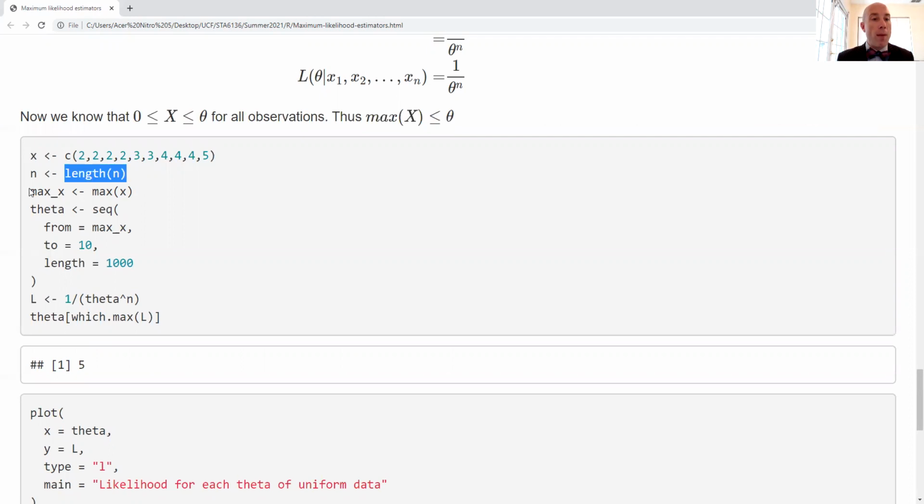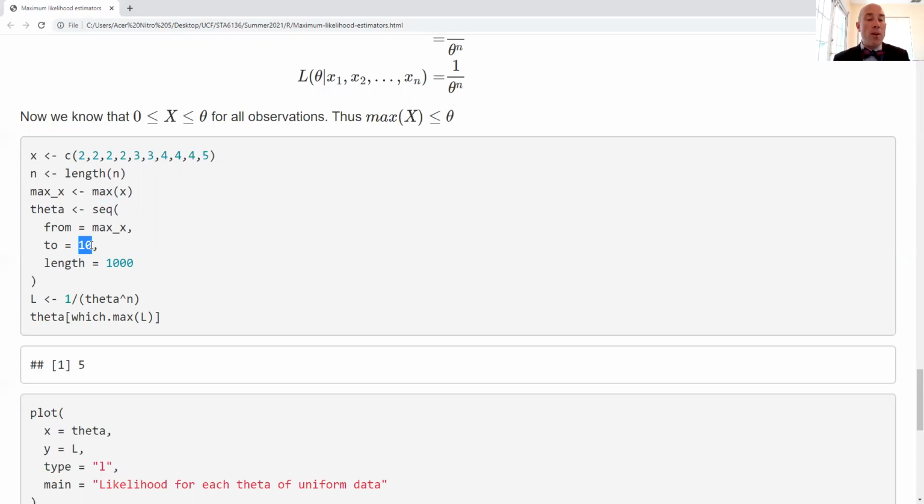Here is the number of data points I have, which is n, and the maximum I have, which here is just going to be 5. I'm going through the process so you can see how to work through it. The minimum possible value for my theta would be the maximum value from my data. So I'm going to make a sequence of potential theta values, and I'm going to set the minimum to the maximum of the data.